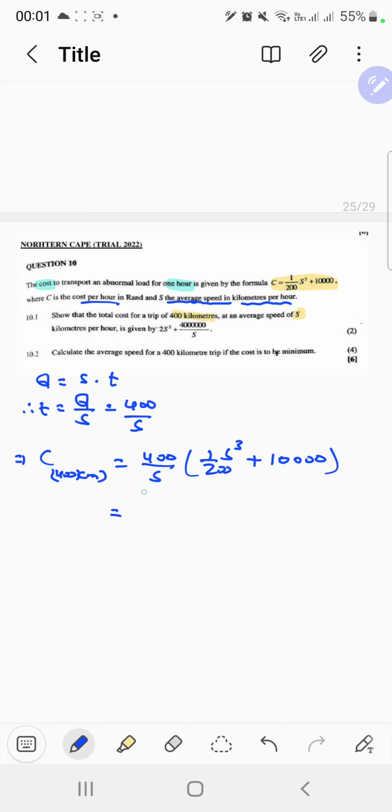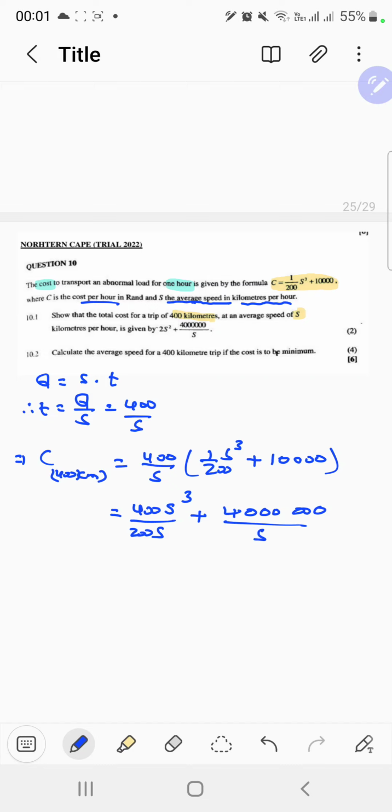Then we multiply this inside, we get 400 s cubed over 200 s. Numerators multiply together, the denominators together, plus here we're going to have 400 multiplied by 10,000. This gives us 4 million, right? Yes, it's 4 million. This is going to be over s.